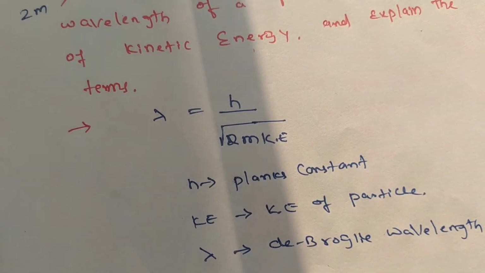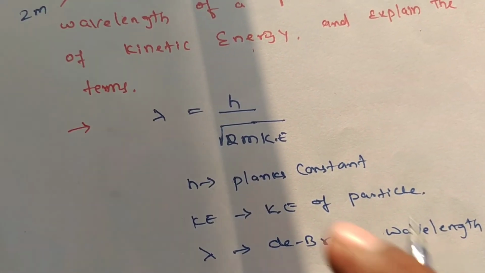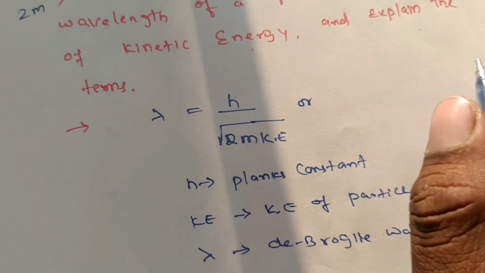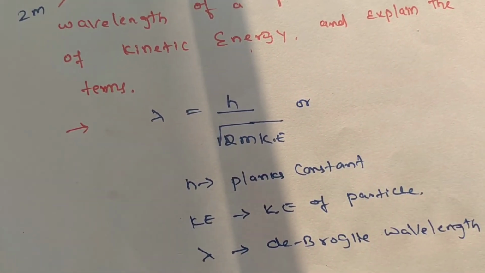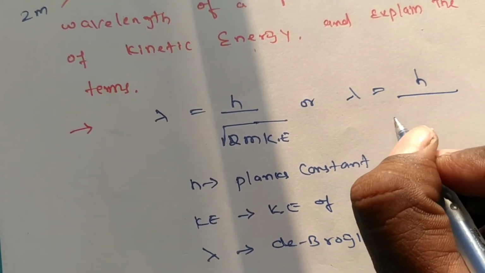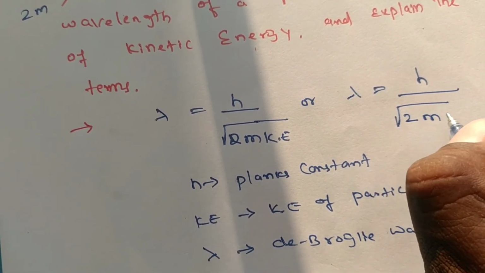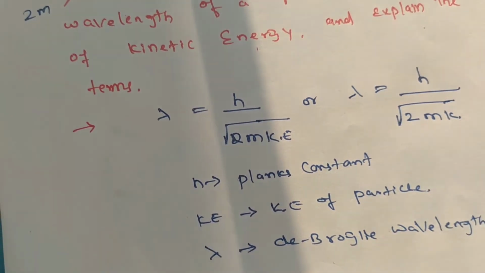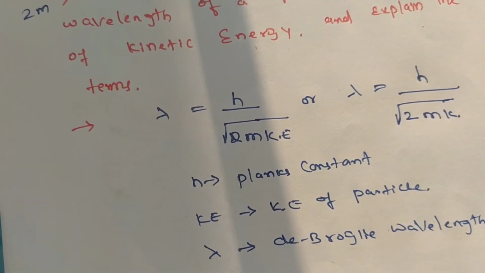This is very important for 2 marks. This equation we call the deBroglie wavelength in terms of kinetic energy: lambda is equal to h divided by under root of 2mK, or kinetic energy. Up to here, 2 derivations are over.